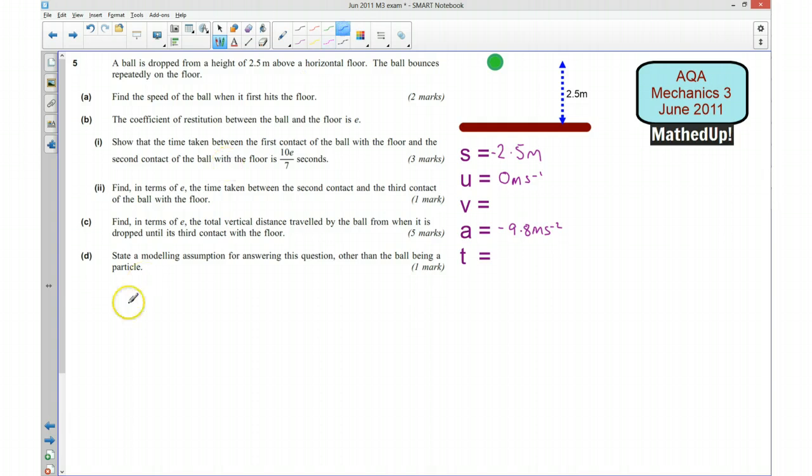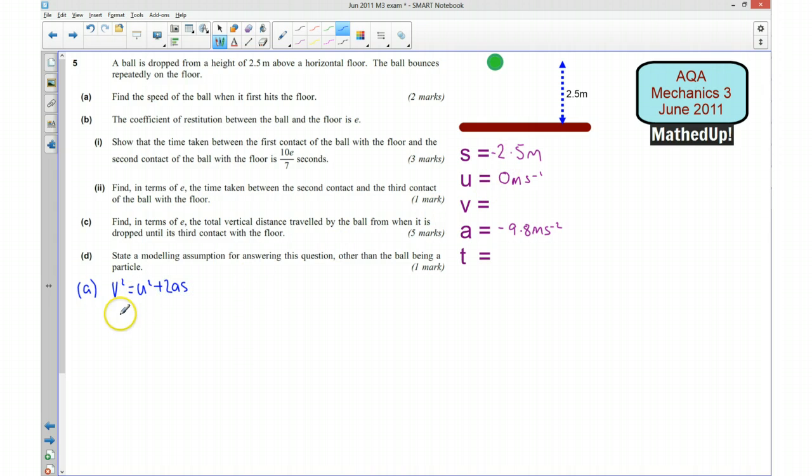So for part A, in order to work out the speed of the ball when it first hits the floor, we just want the speed, so it's not going to have any direction. Well, we could say v squared is equal to u squared plus 2as.